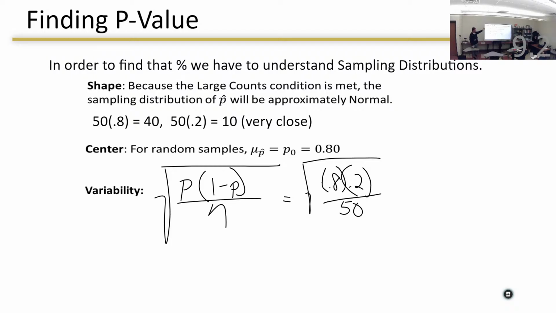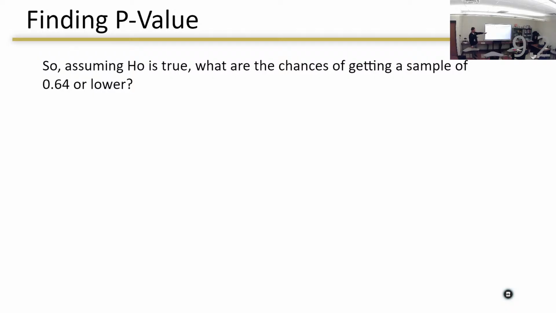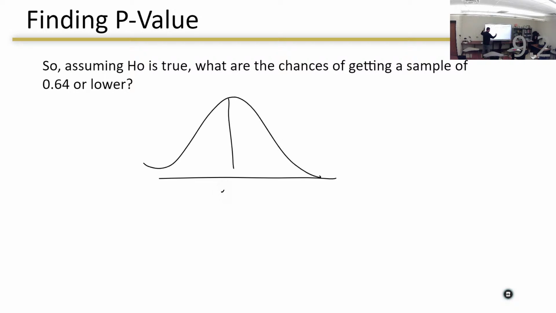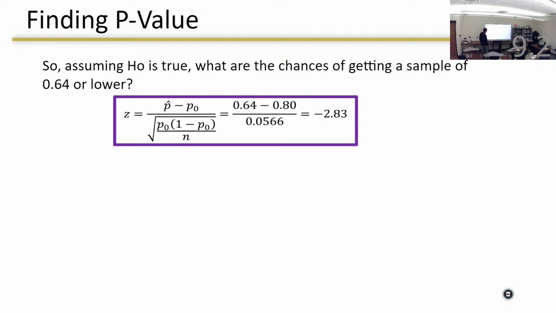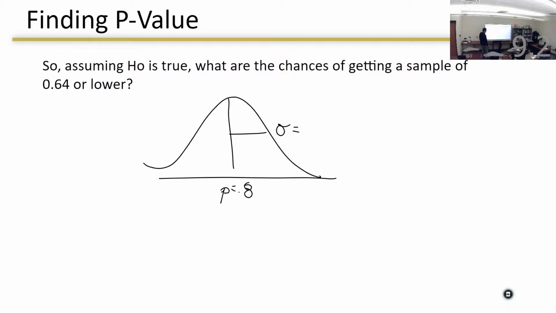Now, knowing that, assume H0 is true: we have a shape, we have a center, and we have a standard deviation, which comes to 0.0566. And we have a p hat of 0.64.